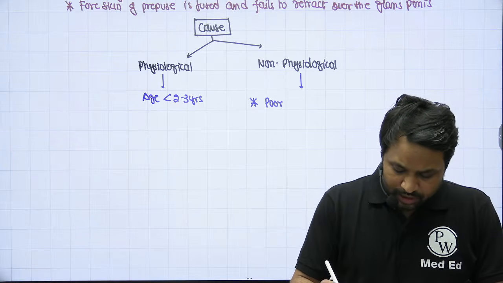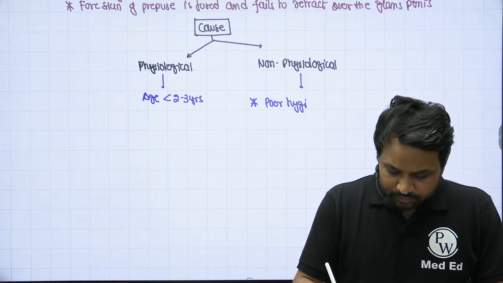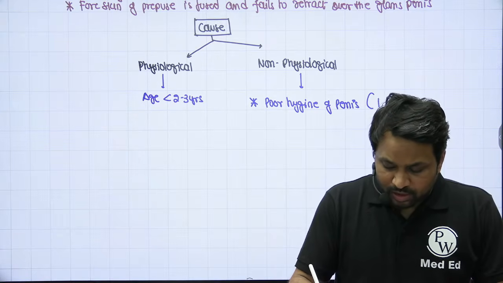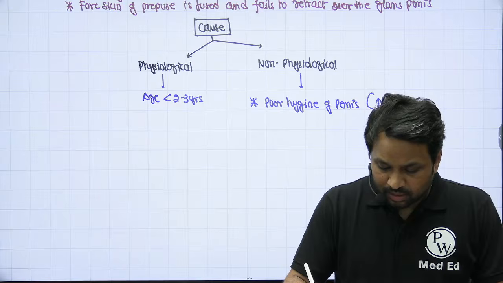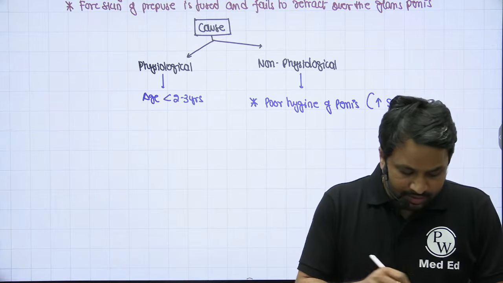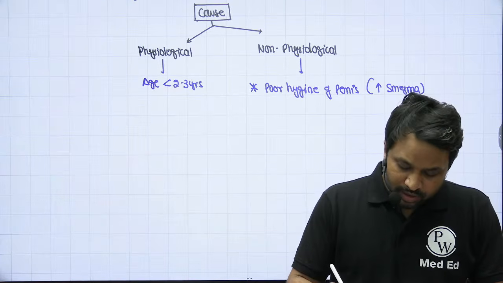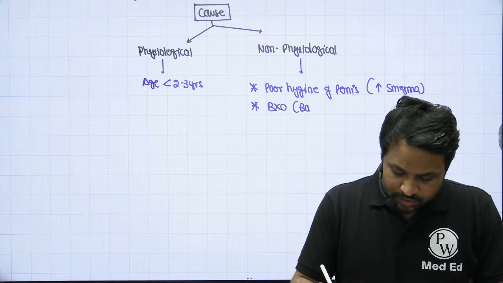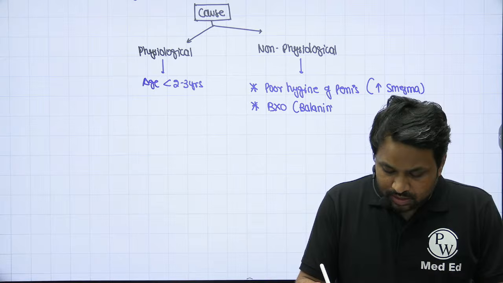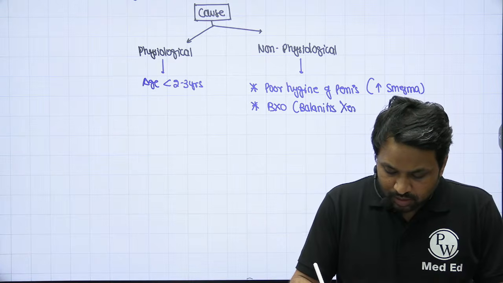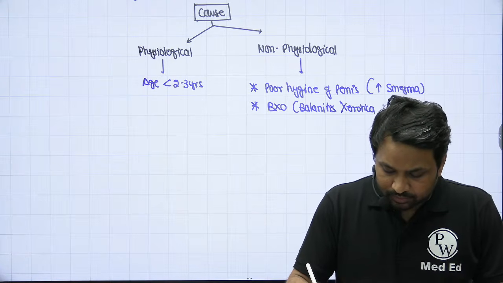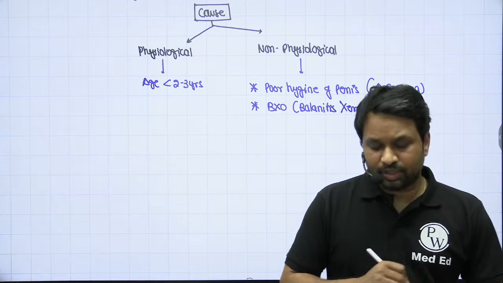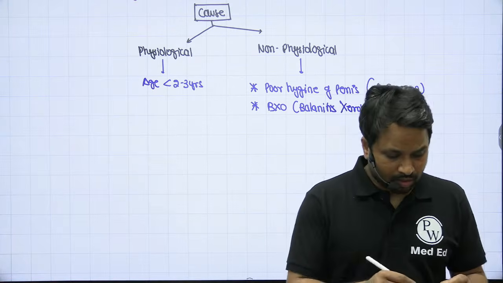The causes here are going to be poor hygiene of the penis, because of excessive smegma deposit. It is secondarily associated with a condition called BXO, that is balanitis xerotica obliterans.